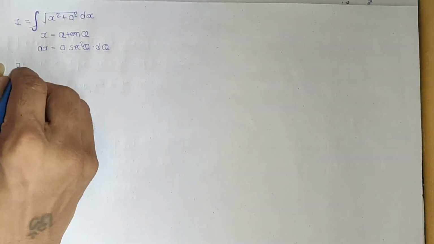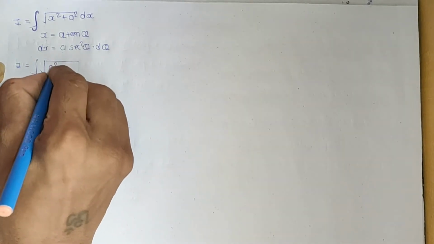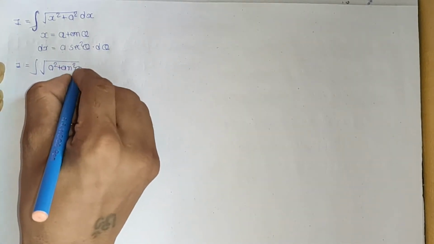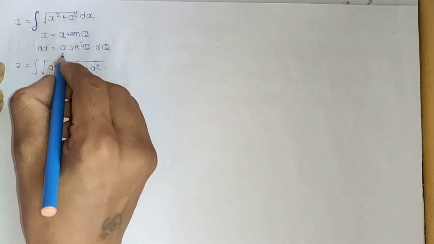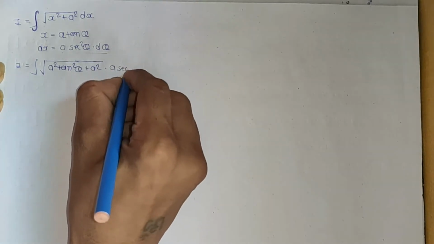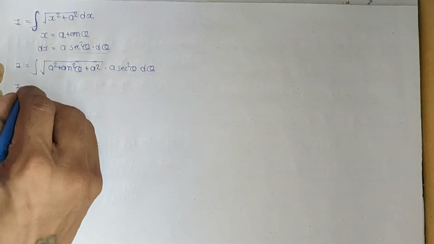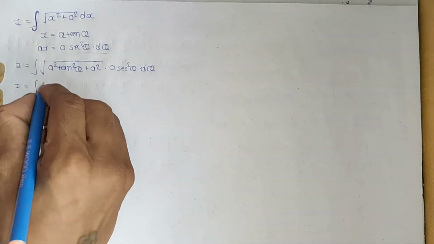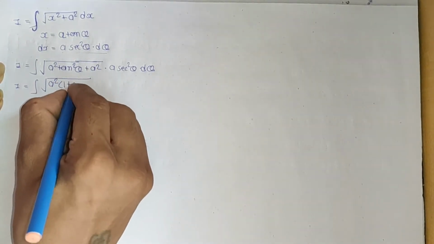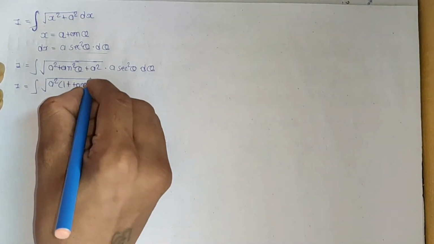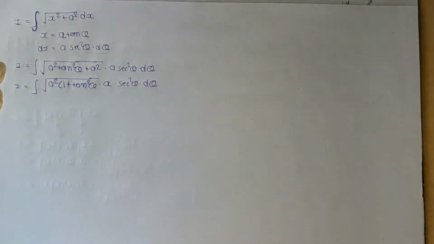Now I equals integration of square root a square tan square theta plus a square, times dx, a sec square theta d theta. Now I equals integration of square root a square, 1 plus tan square theta, times a sec square theta d theta.